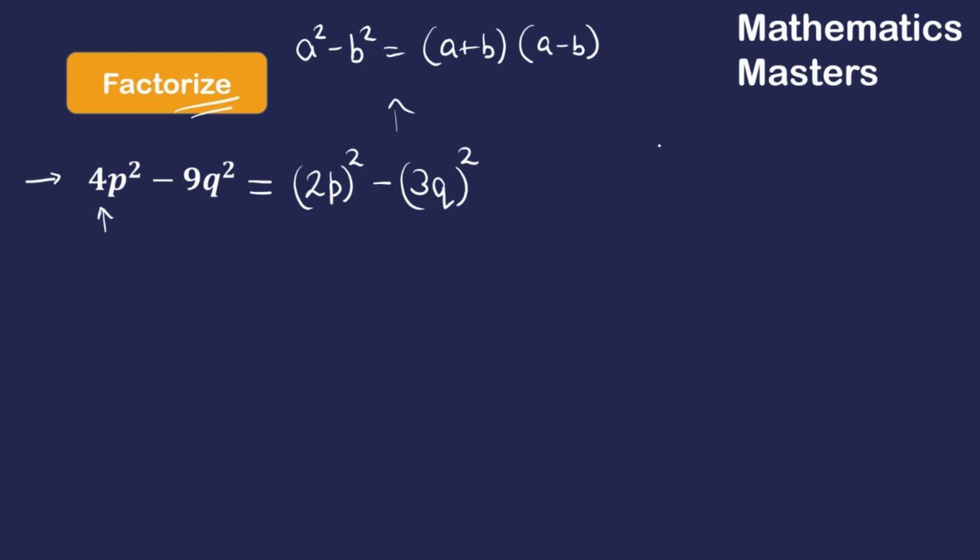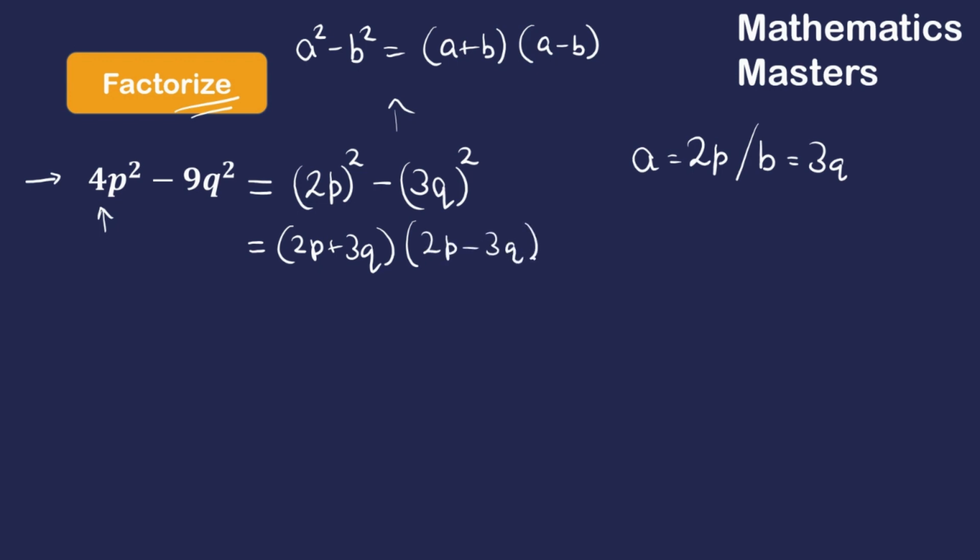So if we think about this identity, we can say that our first term a is 2p and b, the second term, is 3q. So using the above identity, we would have a plus b, that means 2p plus 3q times 2p minus 3q. That means we were able to write the given expression as the product of two expressions. That means we were able to factorize.